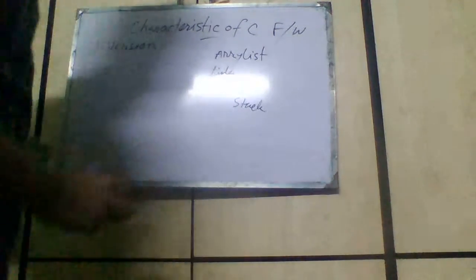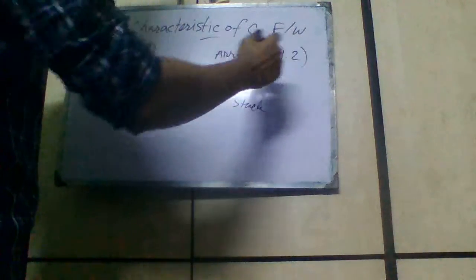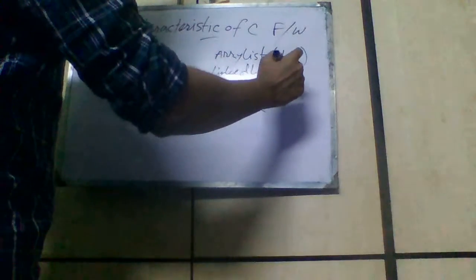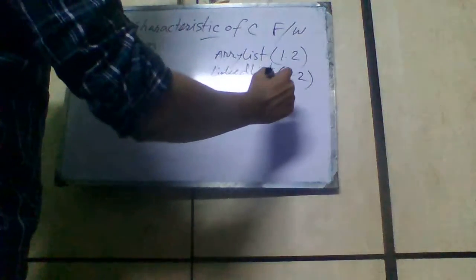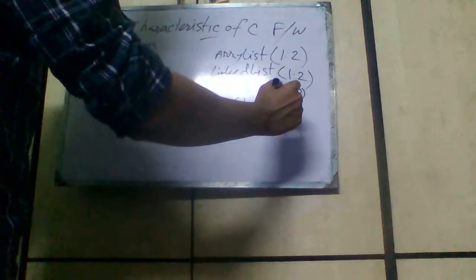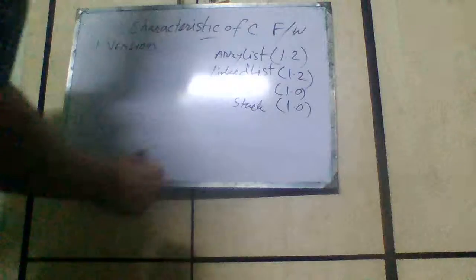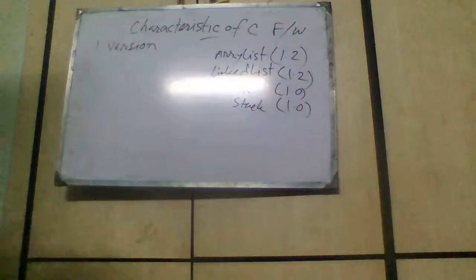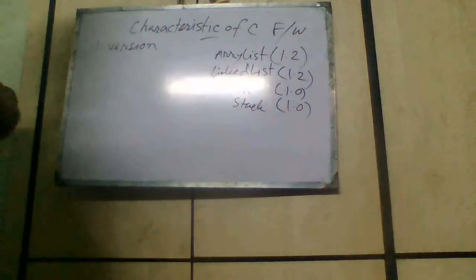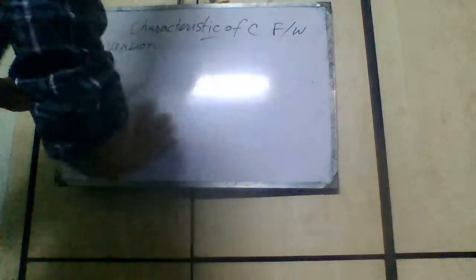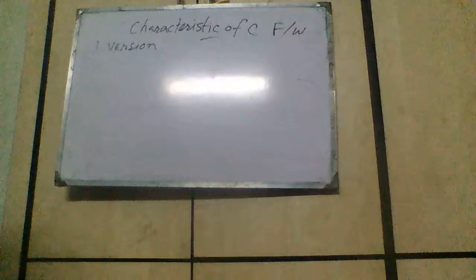ArrayList is introduced in Java API version 1.2, LinkedList is introduced in Java version 1.2, Vector is introduced in Java version 1.0, and Stack is introduced in version 1.0. So here we see different classes are introduced in different versions. Okay.